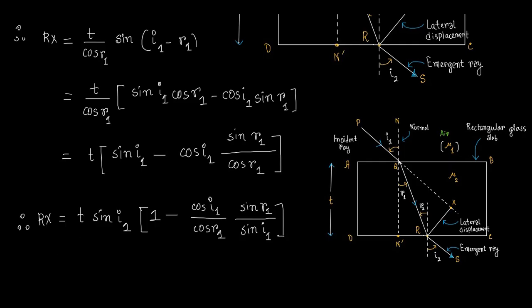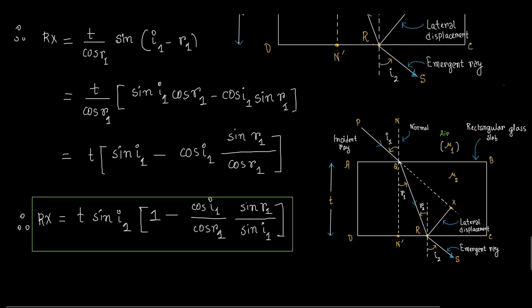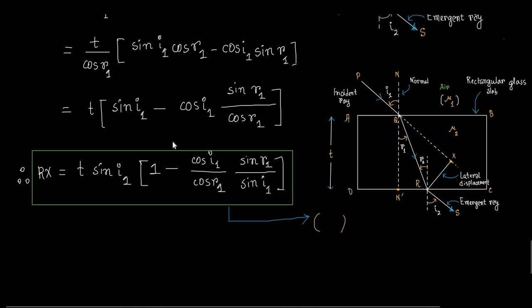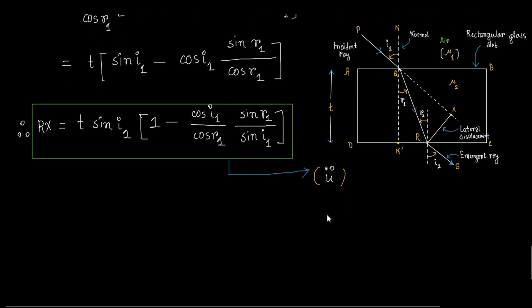This is the expression of RX. RX is equal to T sine I1 into (1 minus cos I1 by cos R1 into sine R1 by sine I1), which is equation 2.